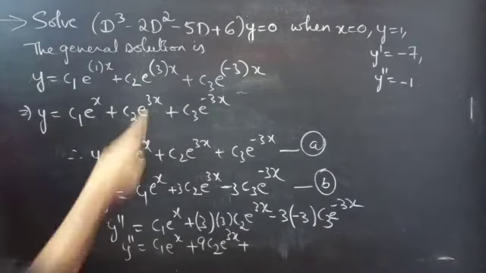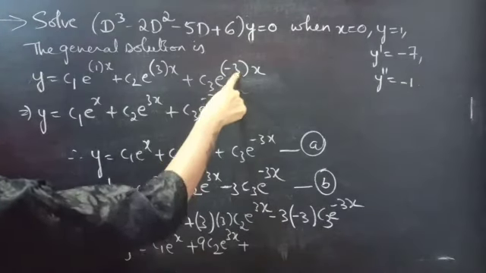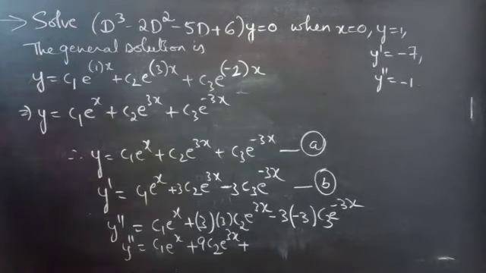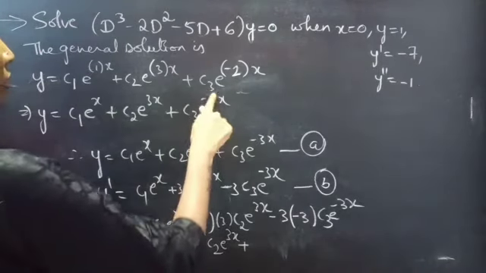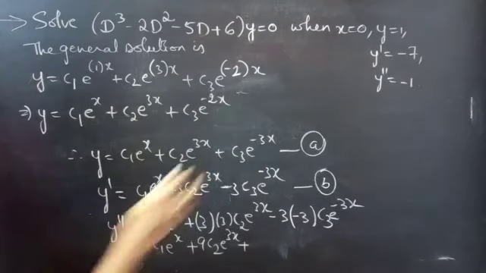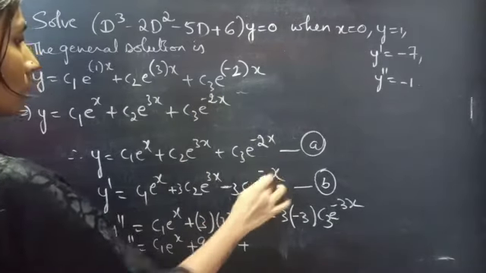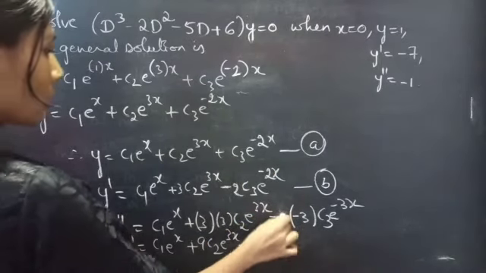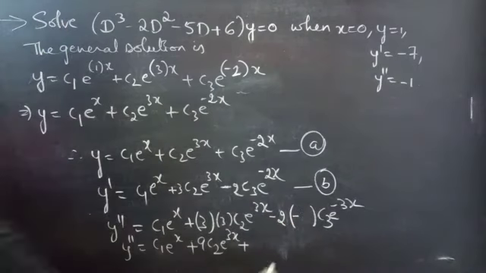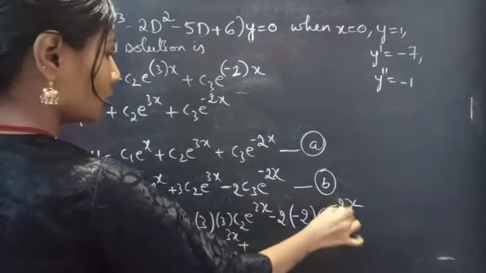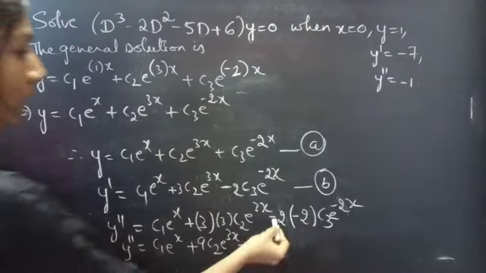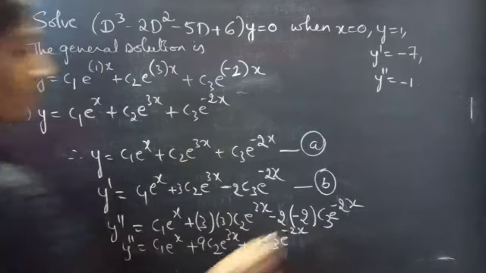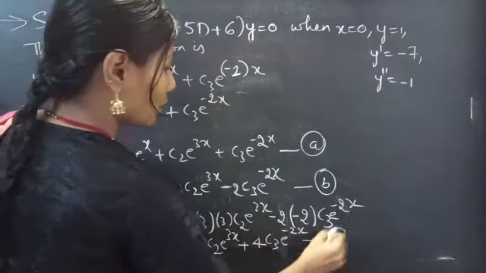One second. Here you have to get 2, right? Not 3. Minus 2. Okay, sorry. This minus 2. So here you'll get minus 2 into minus 2 into e power minus 2x. Minus into minus plus, 2 2s are 4, c3 e power minus 2x.